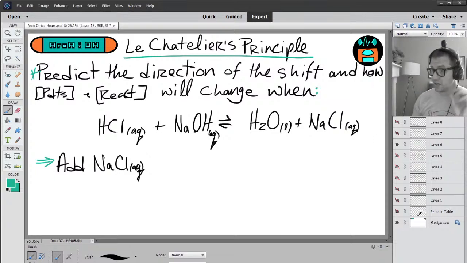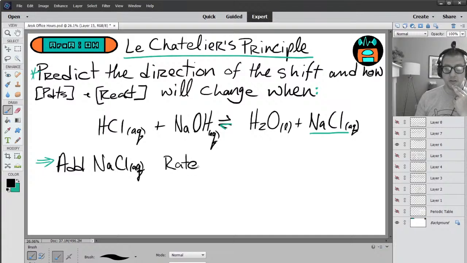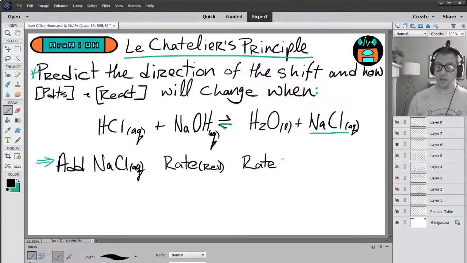Well, if we add sodium chloride, the first question to ask yourself, again, is this going to affect the forward reaction or the reverse reaction? Since sodium chloride is on the product side, this is going to affect the rate of the reverse reaction, all right? Now ask yourself, is adding sodium chloride going to increase the collisions of the reverse reaction or decrease them? It'll increase them. If it's increasing collisions, it's increasing the rate.